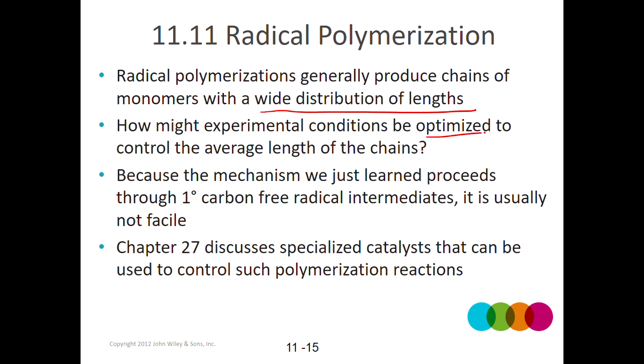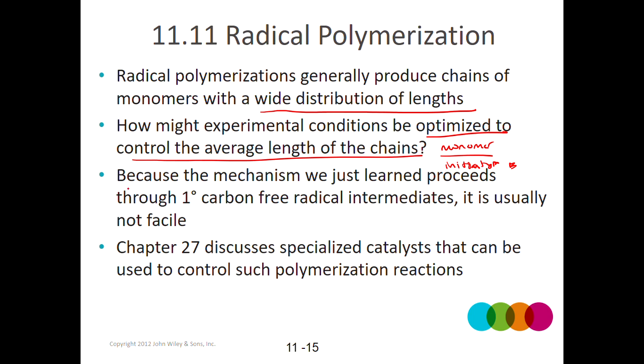So we can optimize and control the chain lengths using the monomer to initiator ratio, which is what we have here. There are other ways that are more advanced, so we're not going to get into them unless you're really interested in that. I can talk to you about it individually.